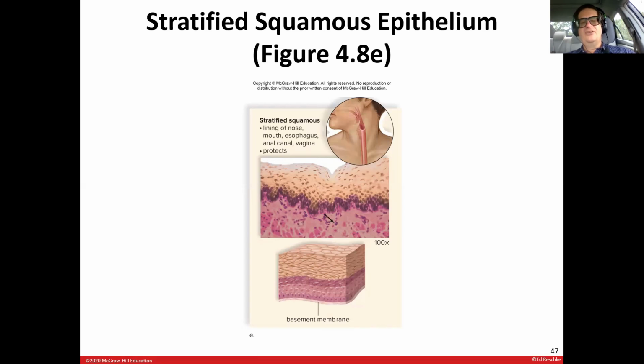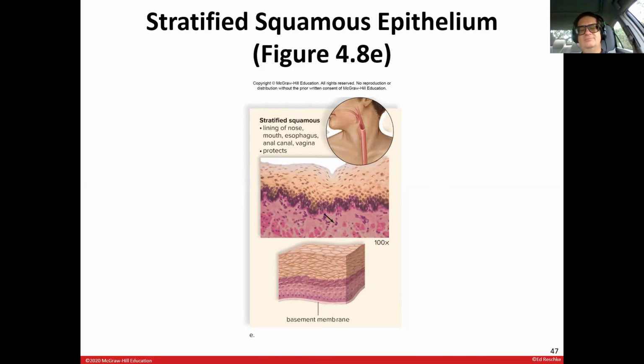Mouth, esophagus, obviously, you're chewing, you're swallowing, you're passing things along this, coming down the esophagus, you're passing a bolus of food down, it's rubbing on the wall of the esophagus. You don't want to rub that away and have a wound. So stratified squamous makes it thick.